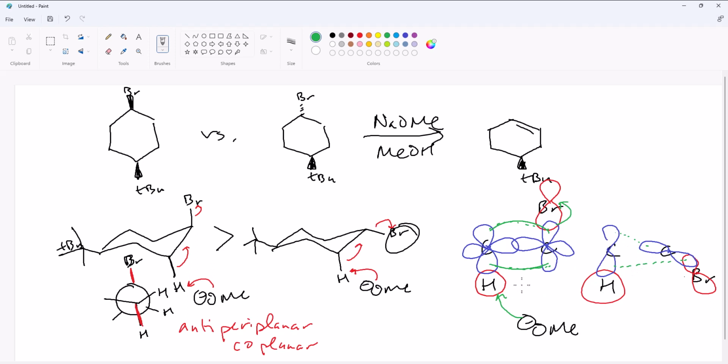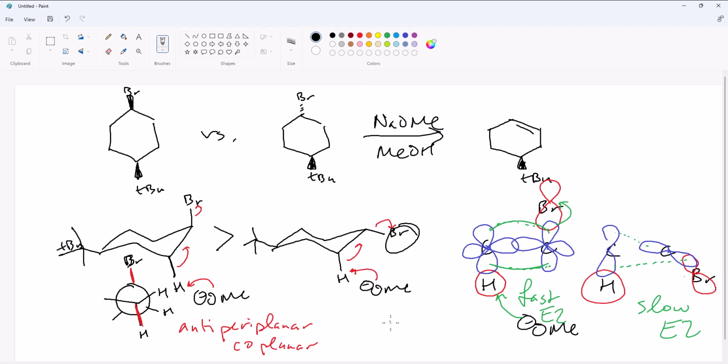So if they are in alignment, if we have this anti-coplanar alignment, we're going to have a fast E2 reaction. If they are not anti-coplanar, the reaction will still happen. We still have the correct conditions for an E2 reaction. It's just going to be much, much slower, because we do not have the anti-coplanar arrangement.